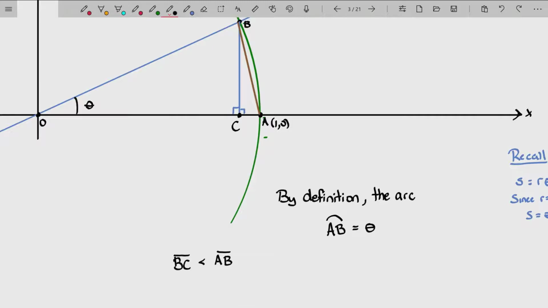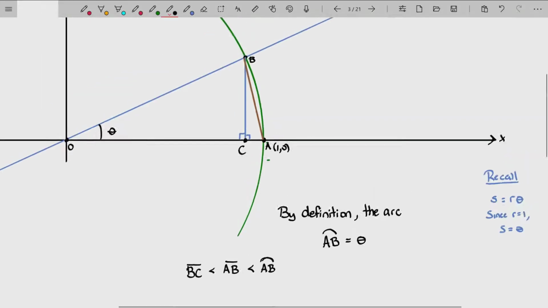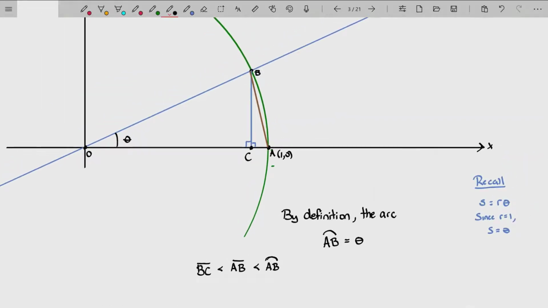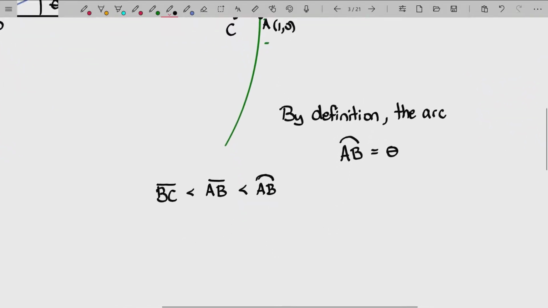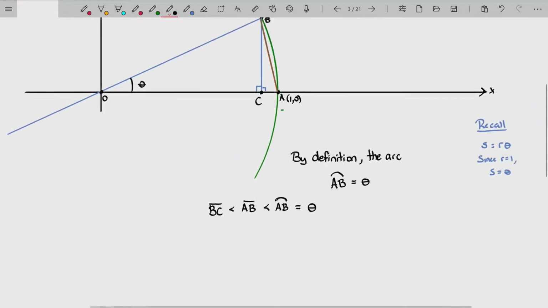So I'll make that statement here: the chord length from A to B is less than the arc length from A to B, which I'll denote with a little curvy top. All that should be logically sensible. We've also stated, by definition, that the arc length from A to B is theta.